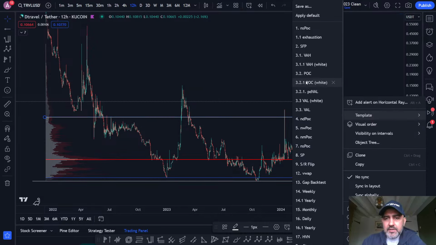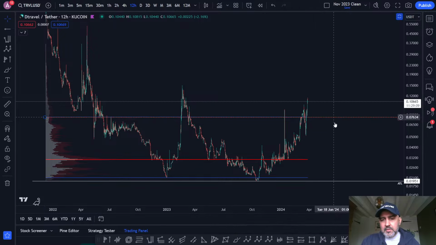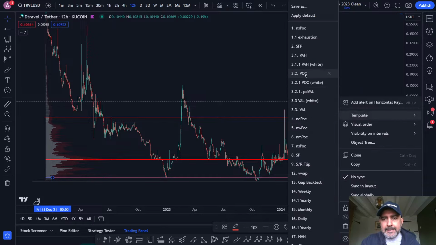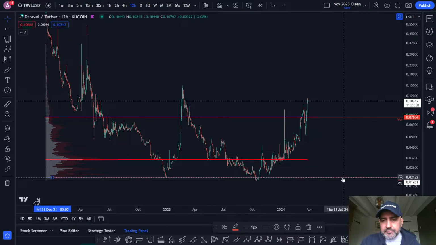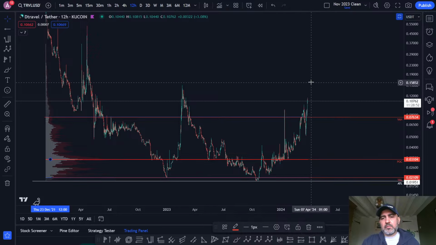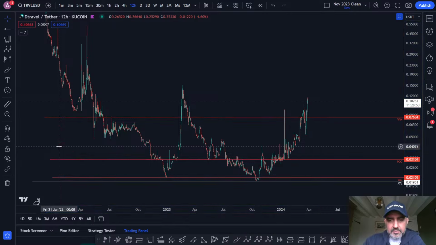Value area high. Value area low. I don't think we're going to go there, but it's good to mark it off to see if it moves. Point of control. Delete that now. Okay.